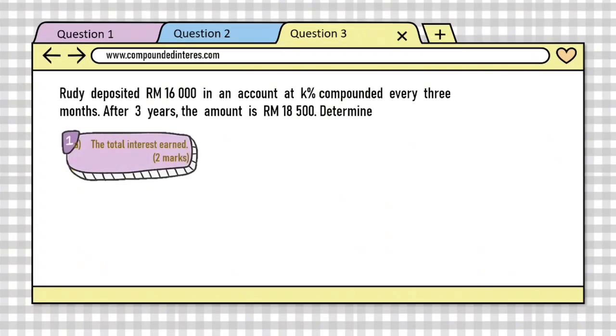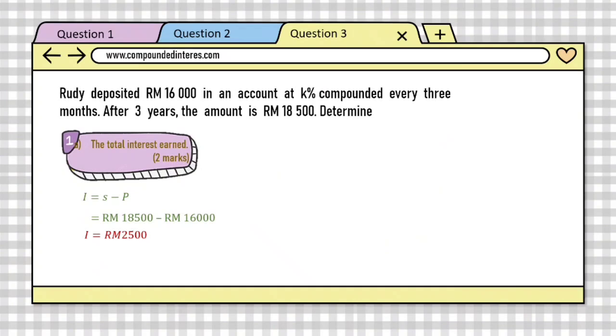For this question, we can use the formula I equals S minus P, whereas S is equal to 18,500 and P equals 16,000. After subtracting both values, we will be left with RM2,500, and that right there will be our answer for question A.